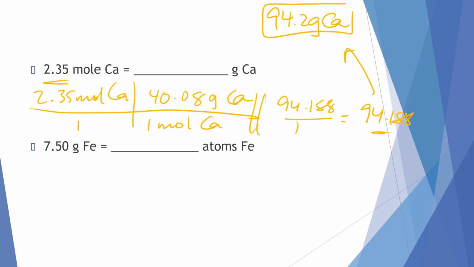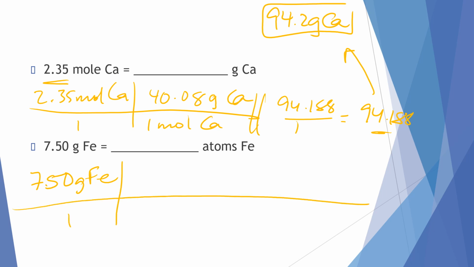7.50 grams of iron to atoms of iron. So still 2 steps. So the grams of iron, like we said, 55.85 grams of iron. And then atoms of iron. Because we're converting the same substance, just looking at it different ways.